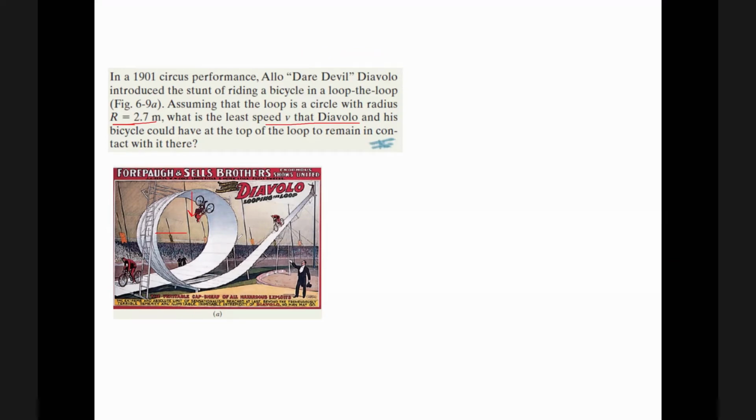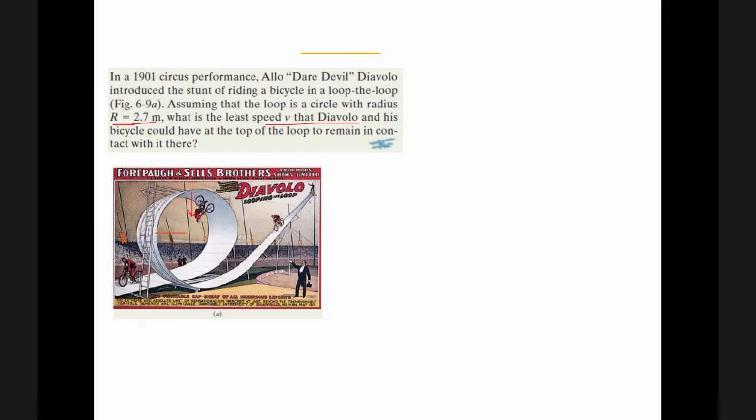This person, he will fall, for example, if he stops at the top, he will fall. But it looks like his speed plays a factor in keeping him in contact. What's another word for in contact? Normal force, the threshold becomes 0.